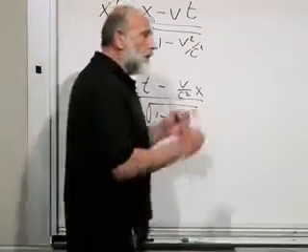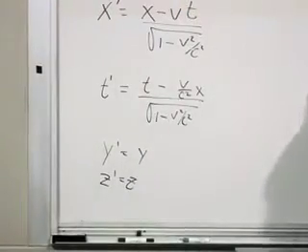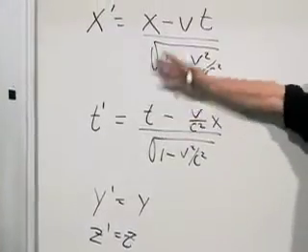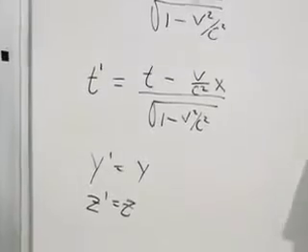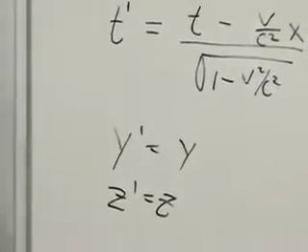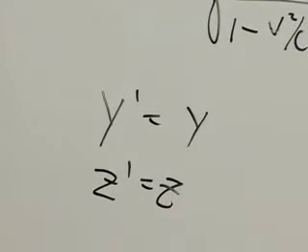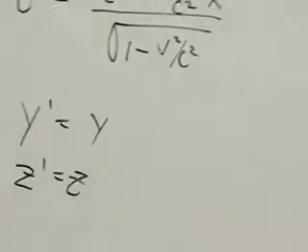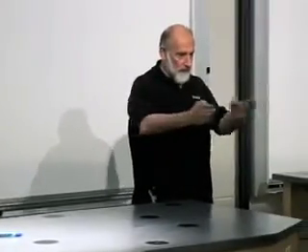In other words, coordinates along the direction of motion get mixed up with the time in this complicated way, but the coordinates perpendicular to the motion are the same for both frames of reference. Now, if you want to know why, just imagine having a meter stick moving on the train and a meter stick standing still, and the meter sticks pass each other, like so.